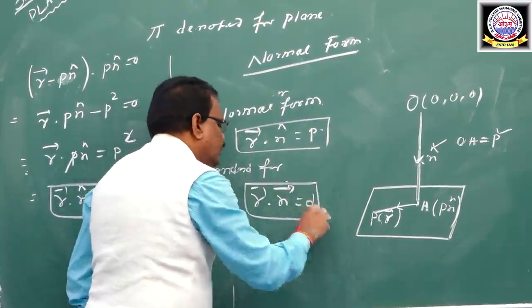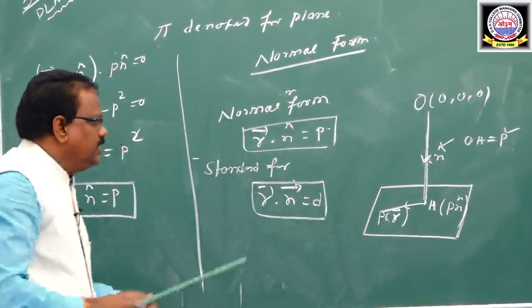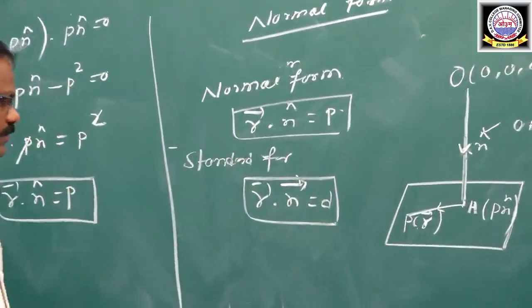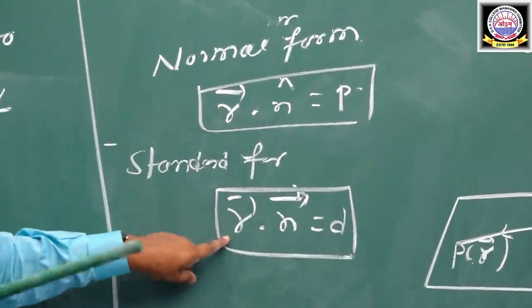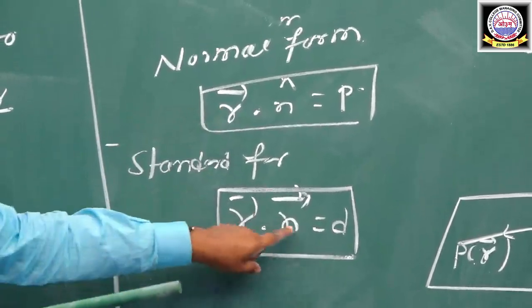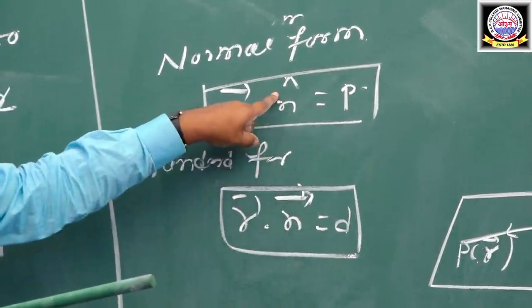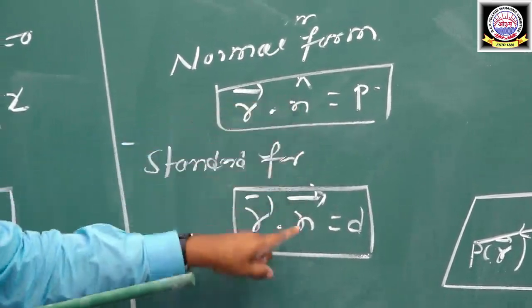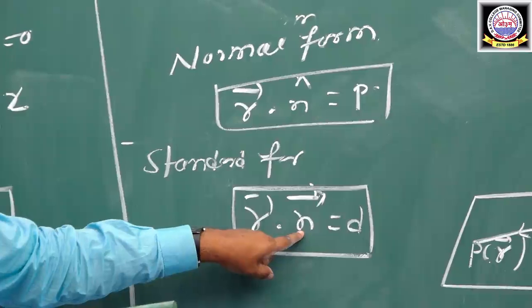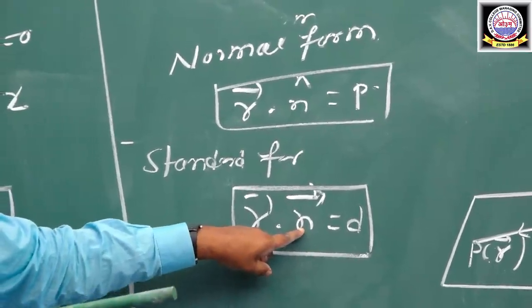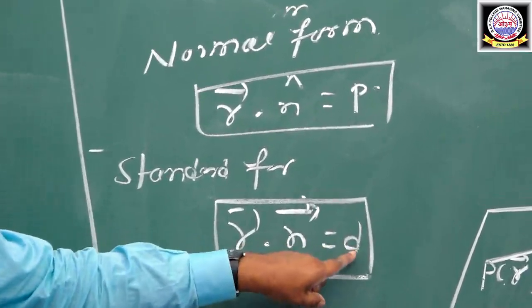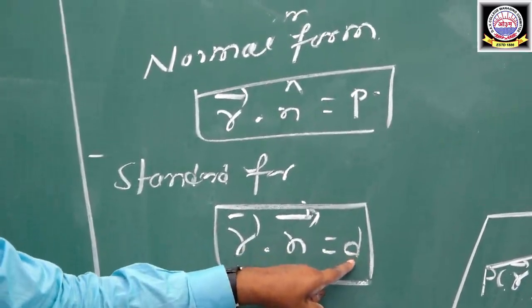Compare both. This is the normal form, this is the standard form. What is common? r vector is common. It is n vector, it is n cap. That means if this n vector is a unit vector, then d will be the normal.